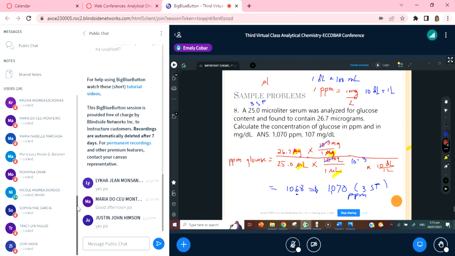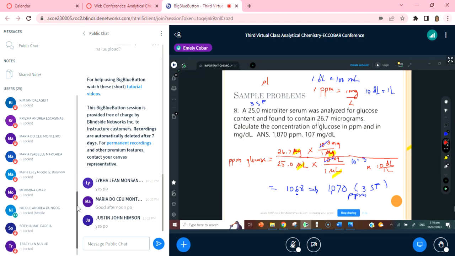The idea here is to convert microliter to liter. So, in the numerator you have 10 to the negative 3, and in the denominator, 10 to the negative 6. Get the reciprocal. When you simplify this, you'll have 10 to the negative 3.